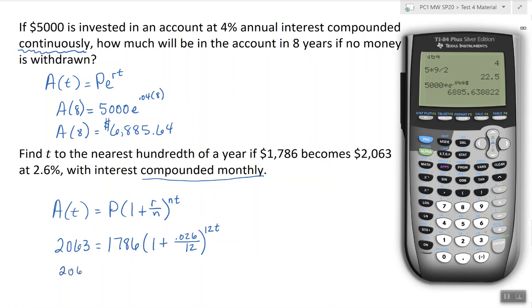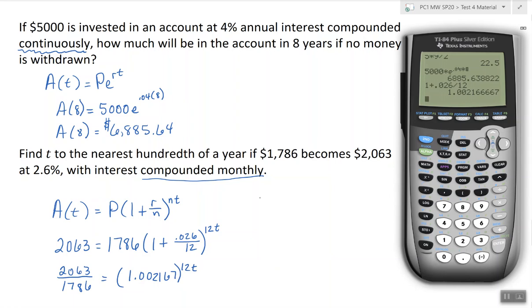So I have 2,063 divided by 1,786, and this is going to be 1 plus 0.026 divided by 12 to the 12t. We'll record it on the paper as this, but when you use it for further calculations, make sure you're using that number in the calculator. Okay, so now we have the exponential expression isolated.